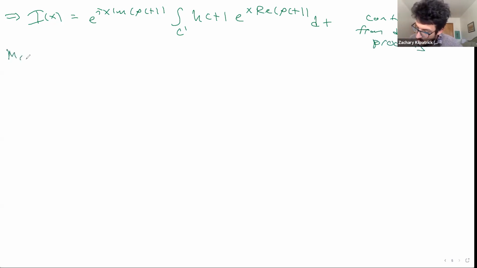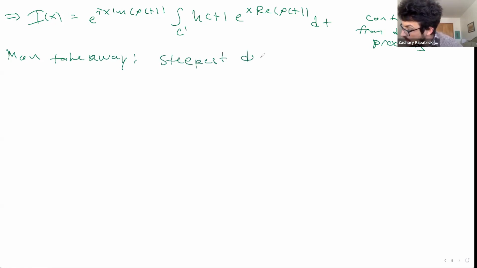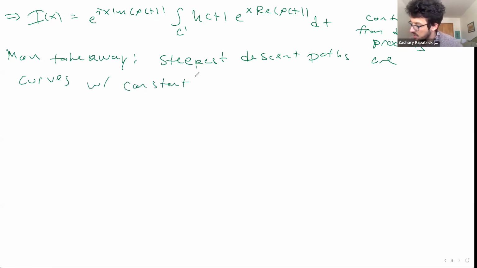And the main takeaway here is that the steepest descent paths are going to be curves with constant imaginary part, okay?